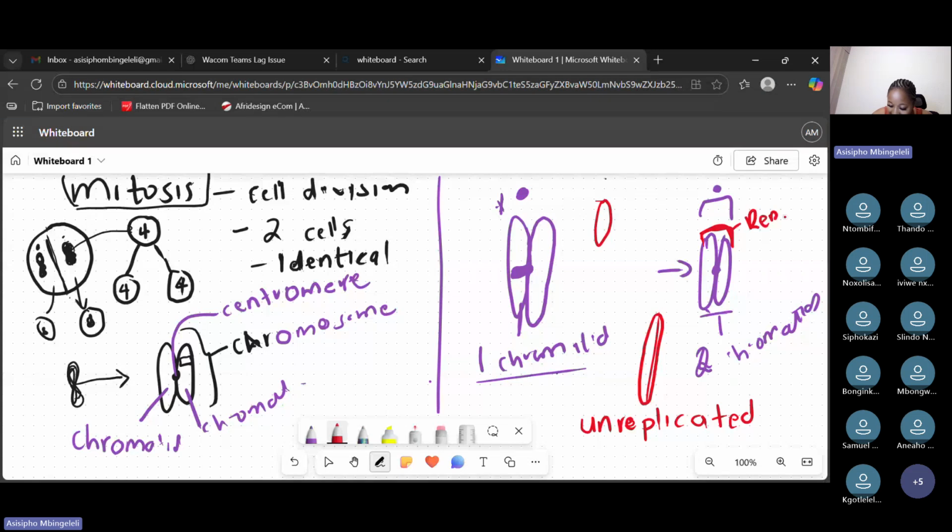Replicated. What does this tell us? This tells us that DNA replication has occurred, and that means this chromatid has made a copy of itself. Unmute anytime and ask me a question, please, because this can be confusing.